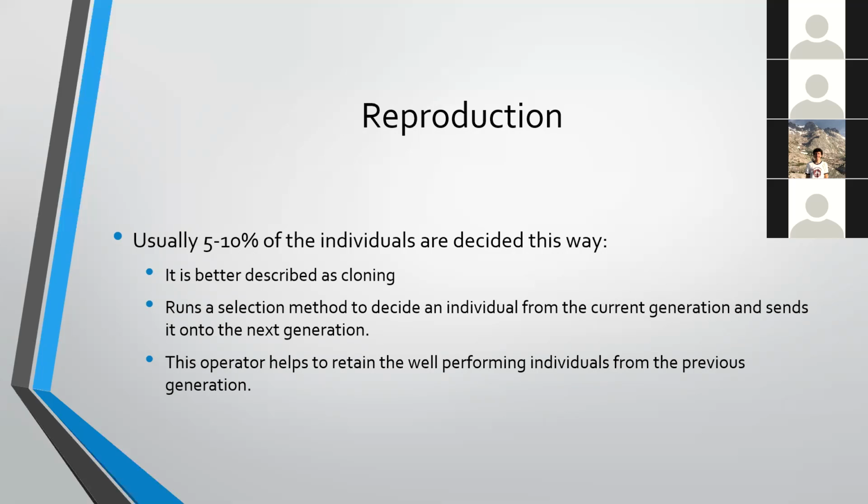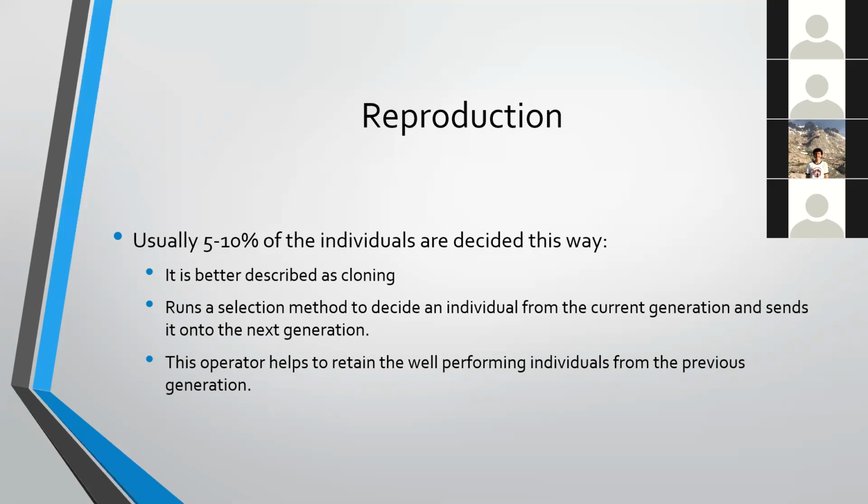And usually these ones that are getting moved on, because they're done through the selection methods, they tend to be better performing individuals. This is kind of the way that a genetic algorithm keeps good individuals in the population, because there's always a chance that with the other two operators they could make individuals worse, if that makes sense.